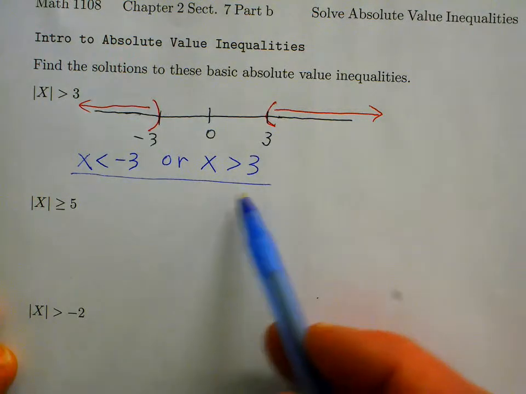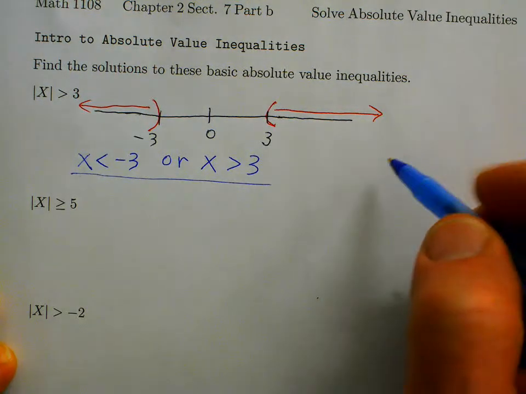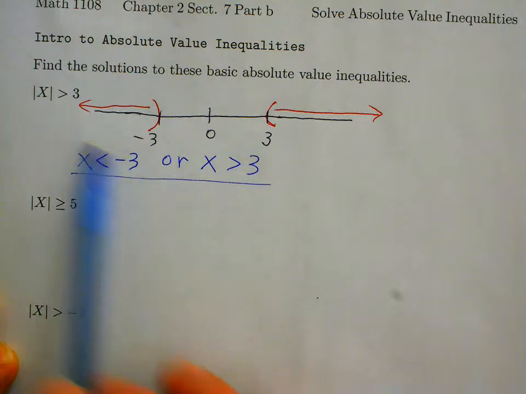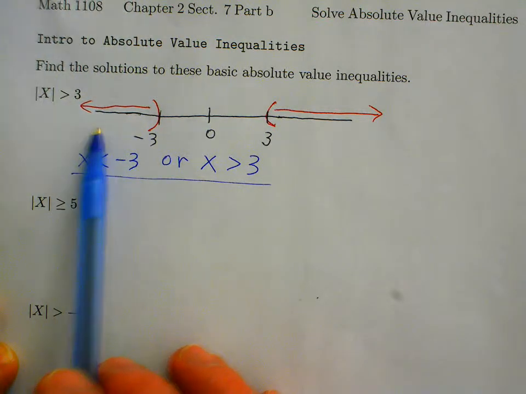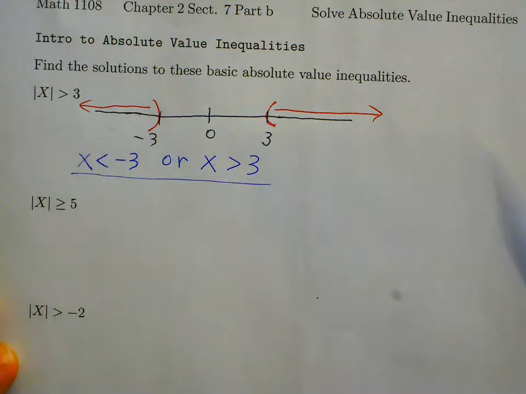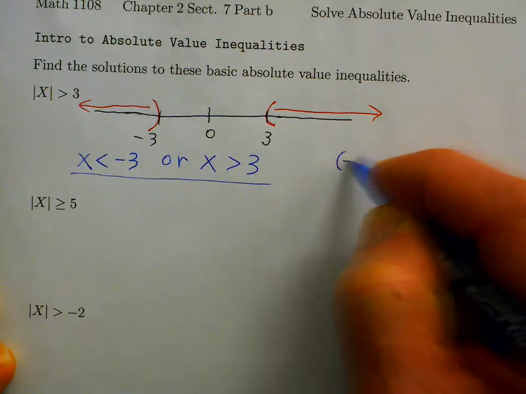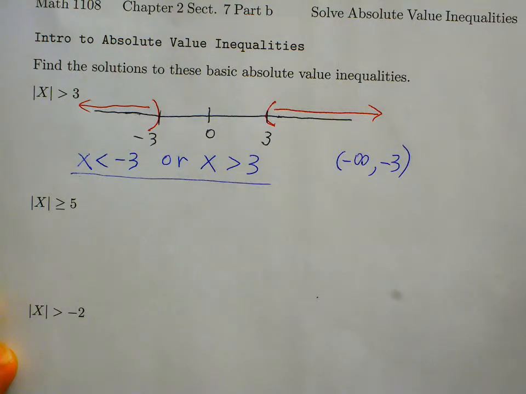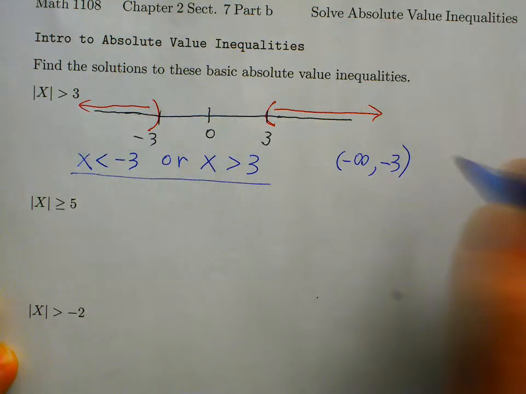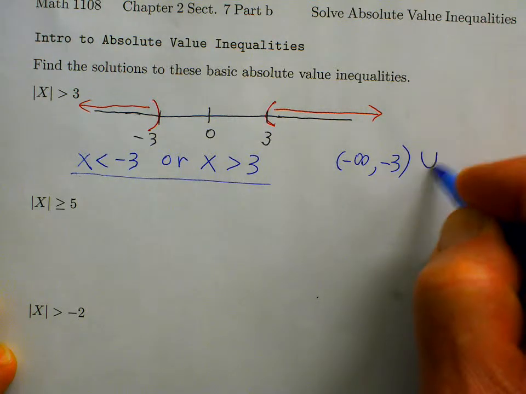The interval notation, well, the graph sort of reminds me of the interval notation. This part of the number line on the left, this is from -infinity to -3 parenthesis. And then we use the union symbol.